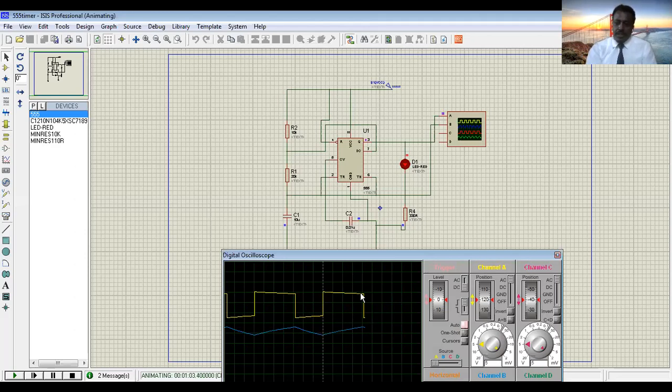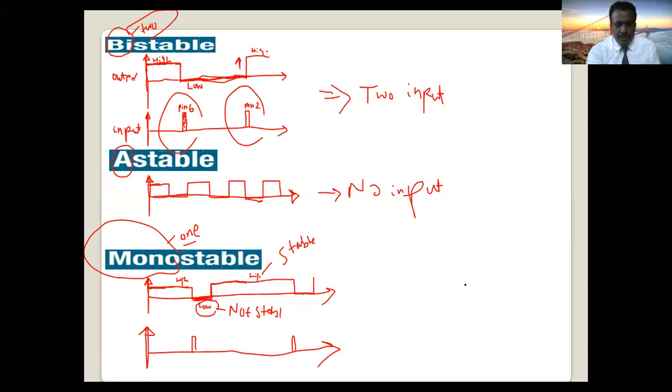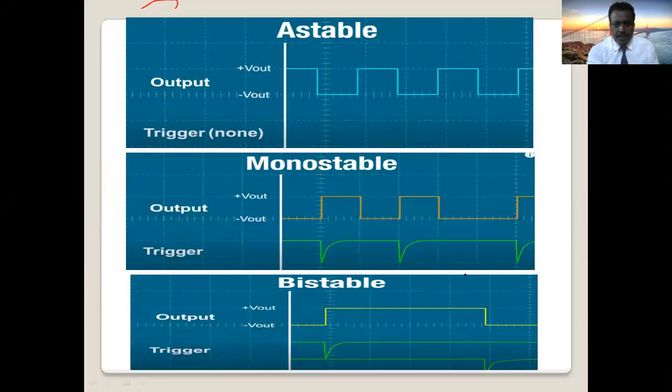So these are the 3 modes of operation for 555 timer. Okay, so as you can see here, for astable case, the output changes from high state to low state.